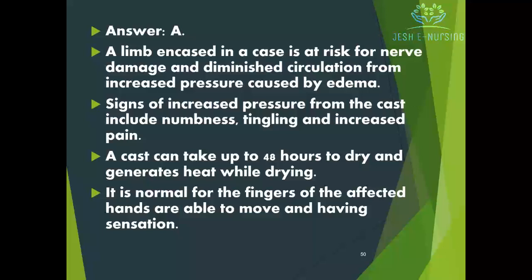A limb encased in a cast is at risk for nerve damage and diminished circulation from the increased pressure caused by edema. So if compartment syndrome is identified, that area can be damaged by nerve damage, and diminished circulation can be noticed because of the increased pressure caused by the edema.